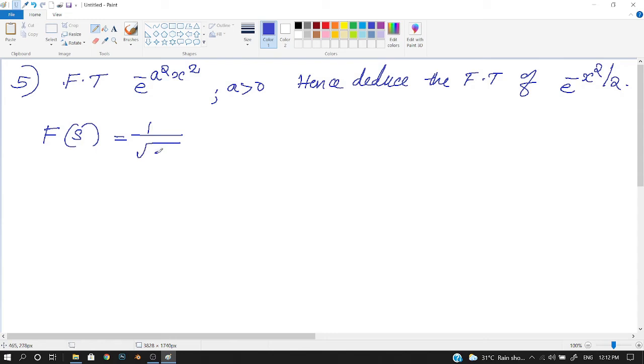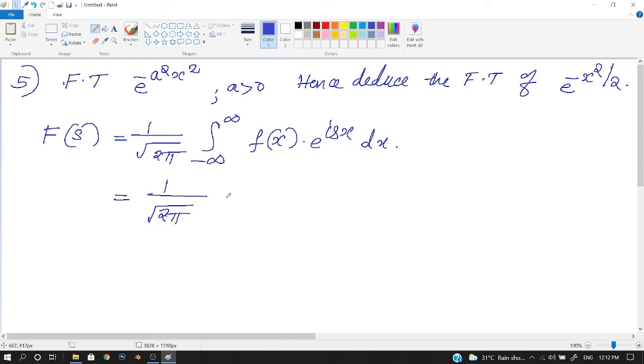1 by root 2 pi integral from minus infinity to infinity f of x into e raised to isx into dx. Now here we can substitute the value of f of x, that is e raised to minus a square x square, e raised to isx dx.